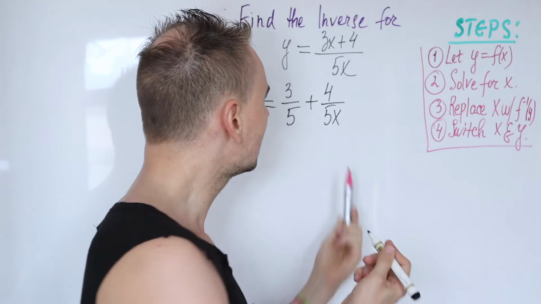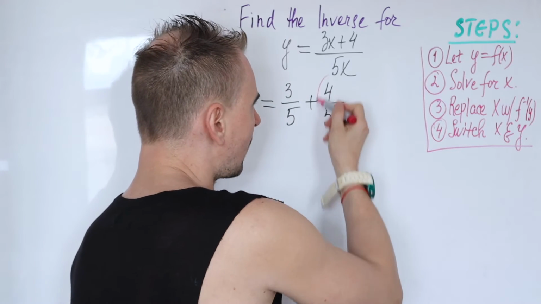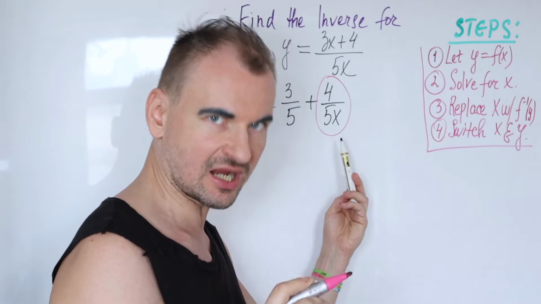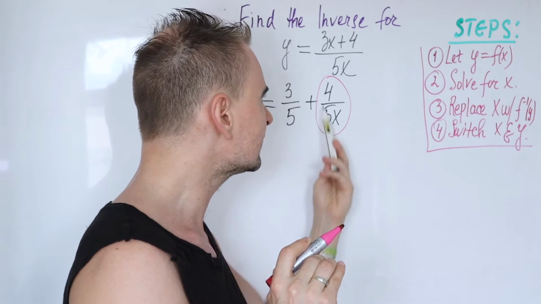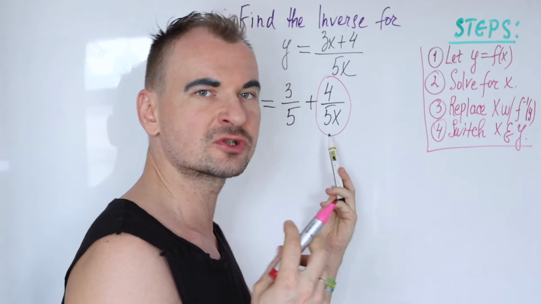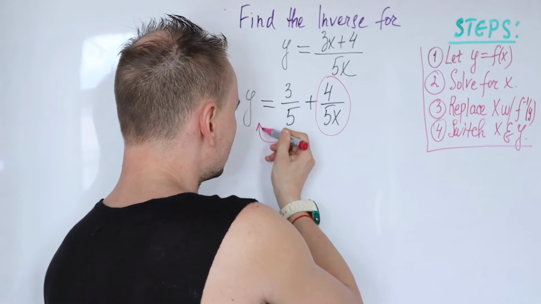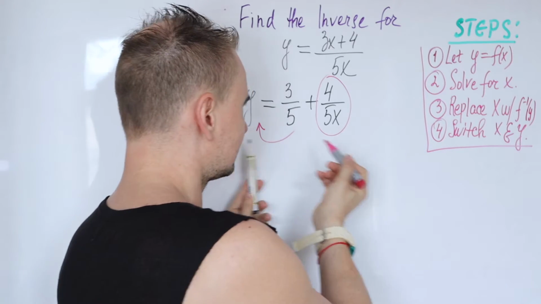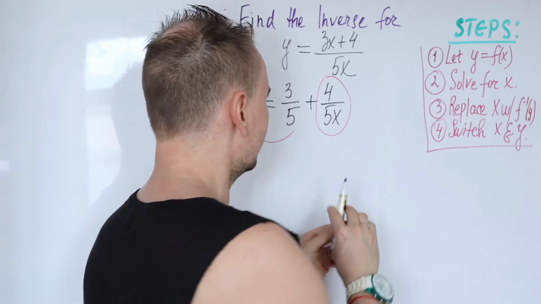Now, since we are aiming for the x term, for now just ignore that it's down in the denominator. It's a little bit different, but just ignore it. Since we want to isolate this, just move this term to the left side, and I would rewrite it in reversed order.